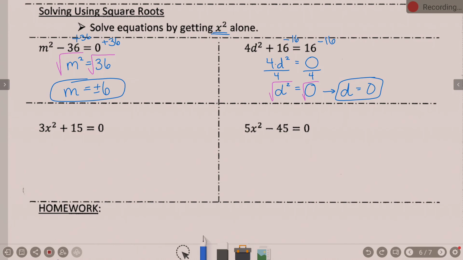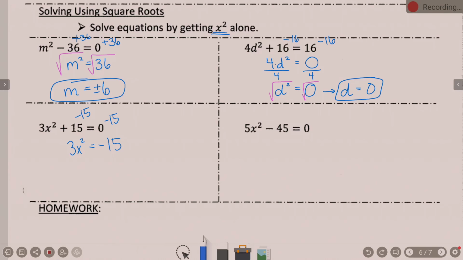Okay. Third example. This is it. We just have to get through these two examples. Okay, 3x squared plus 15 equals 0. What do I do? Subtract 15 from both sides. The 15s cancel out. 0 minus 15 is negative 15, so 3x squared equals negative 15.